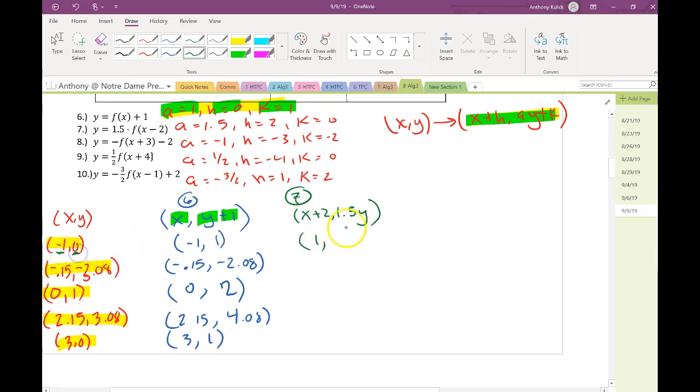When I plug 0 in for y, I get 0. When I plug negative 0.15 in for x, I get 1.85. And when I plug in negative 3.08 for y, I get negative 4.62.